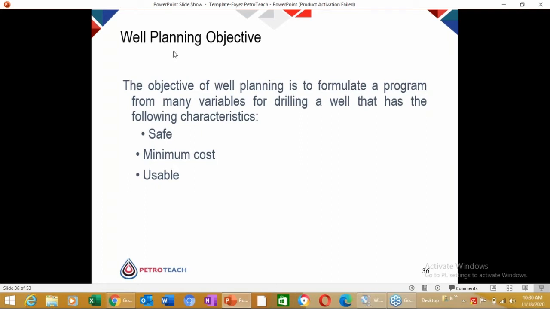Well planning objective. When we are planning the well, we are considering three characteristics: safe, minimum cost, usable hole. Usable hole means it should be producing and running even the completion string inside. So this is a usable hole.